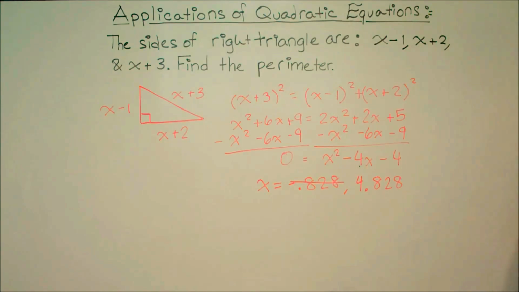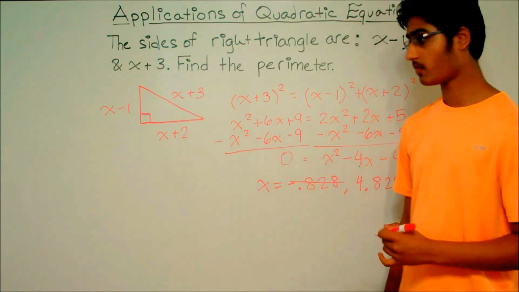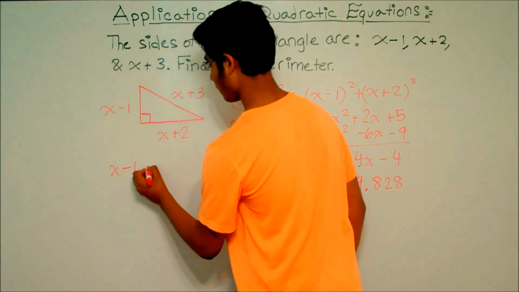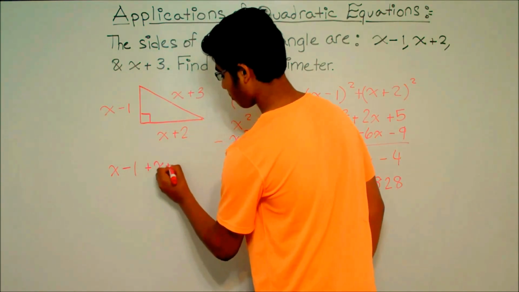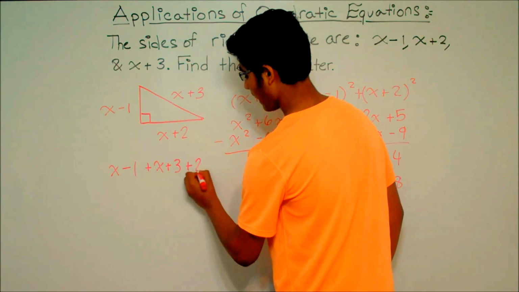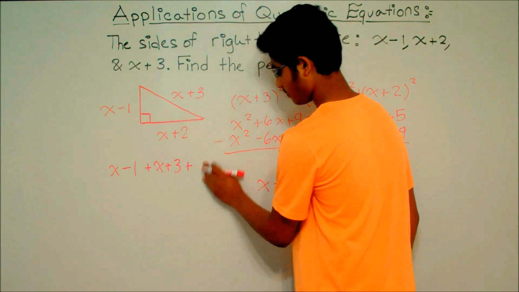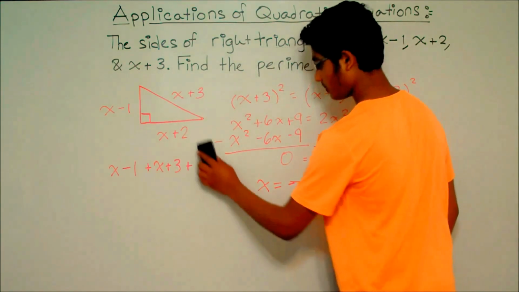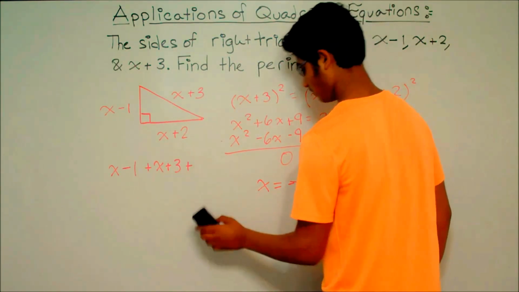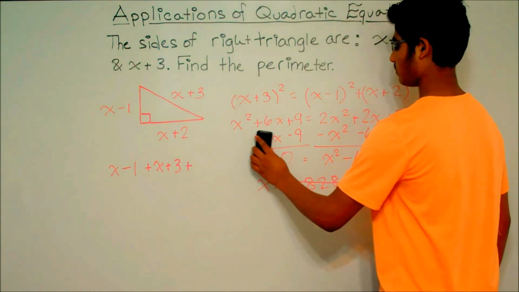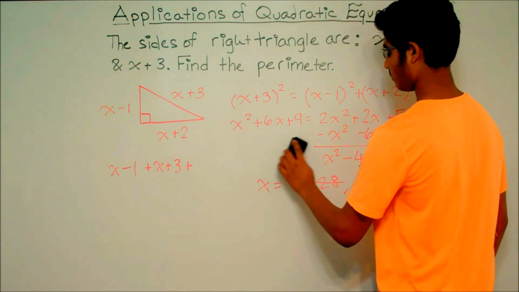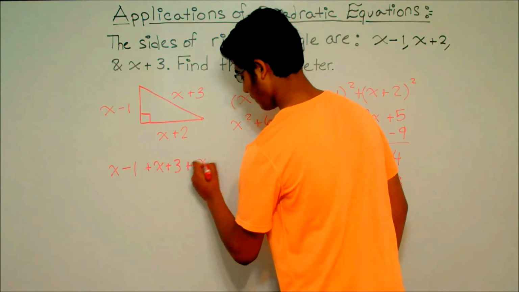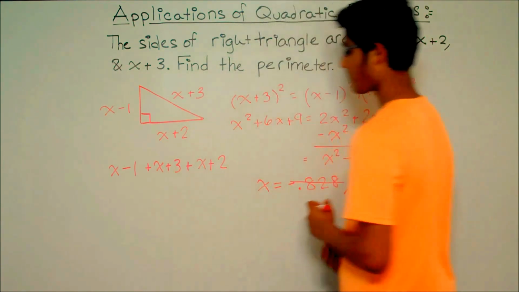So now we have to find the perimeter of this triangle. The perimeter is x minus 1 plus x plus 3 plus x plus 2.